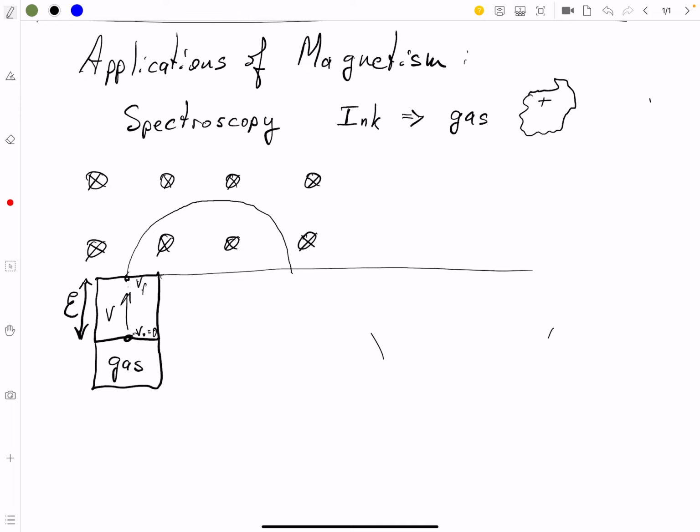And we've already learned that that depends on the radius of that curvature. And this distance, of course, from here to here is distance d. D equals 2 times r.